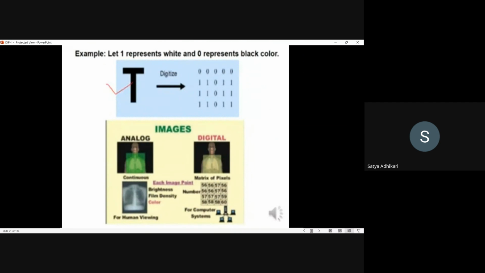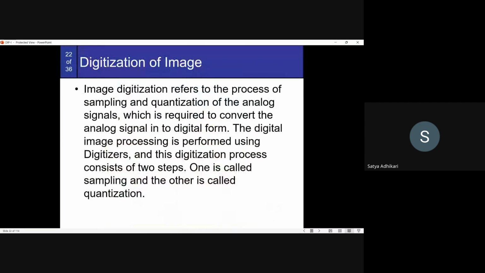Suppose you see here, a pixel value which is closer to 255 is brighter, and a pixel value which is closer to 0 is darker. More clarity depends on the pixel size.